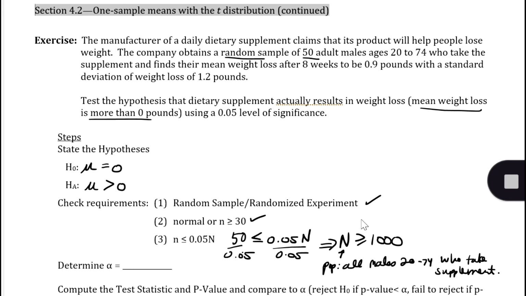They wouldn't make a supplement that would be administered to fewer than 1,000 individuals. So that criteria has been met. We then determine our level of significance, our alpha, and that's given to us in the problem as 0.05.